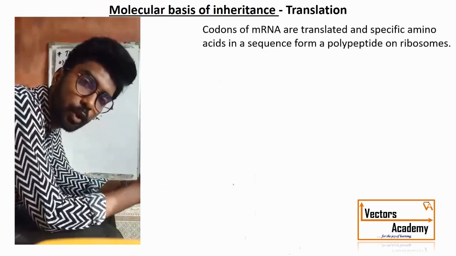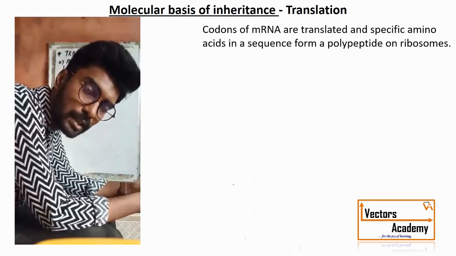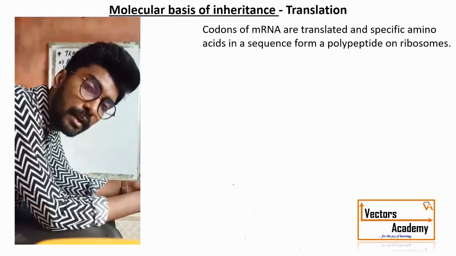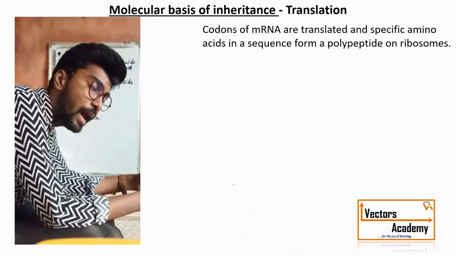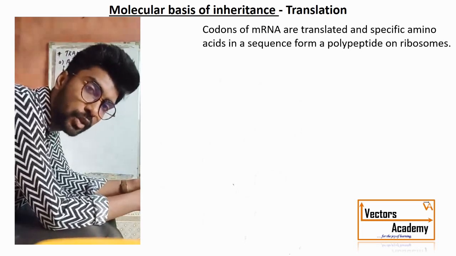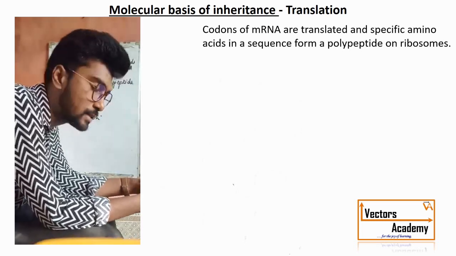You know very well the sequences of the codons present on the messenger RNA. They will be read, and those amino acids will link with each other to form a long polypeptide chain. That process is called translation.